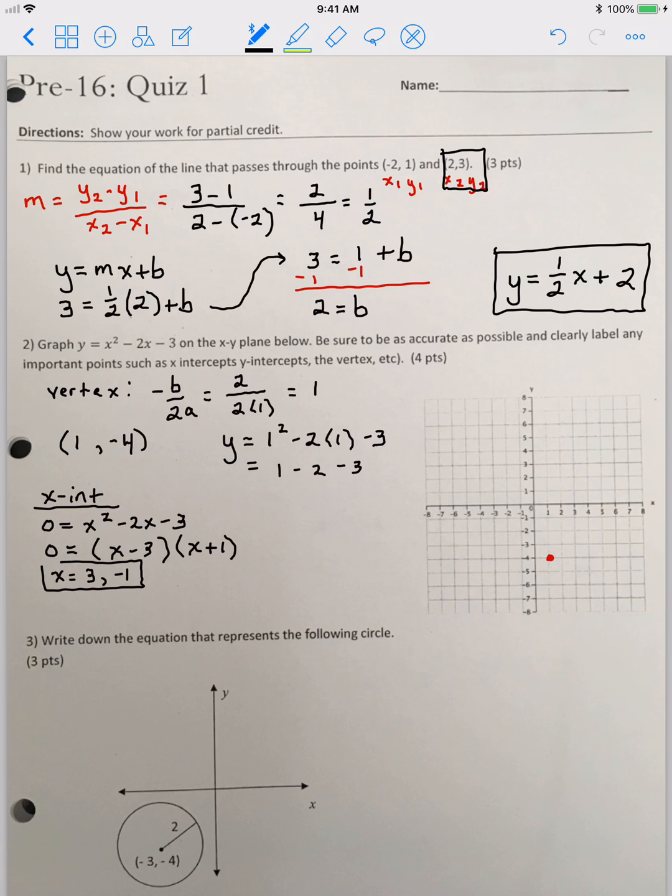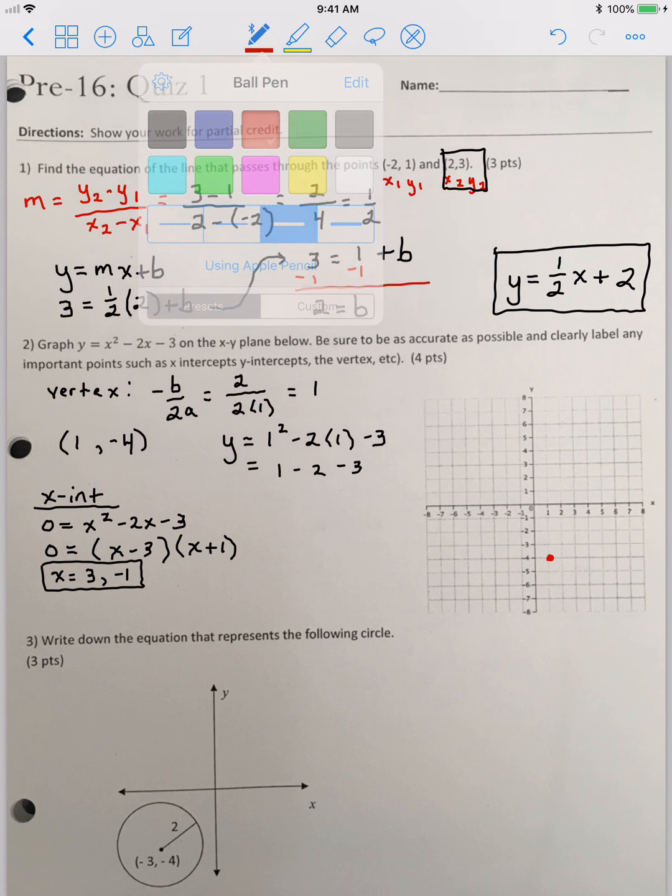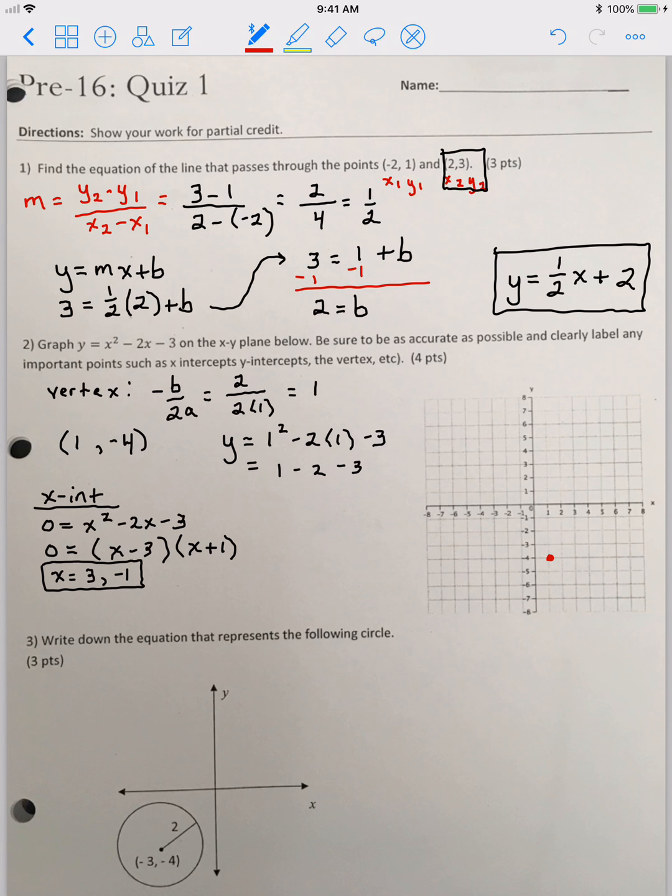So these go down on my x-axis. I can go ahead and put those down. +3 would be here on my x-axis, and -1 would be here on my x-axis. And then the y-intercept is what you get when you plug in 0 for x. So for the y-intercept, y should be equal to 0 squared minus 2 times 0 minus 3, which is going to give you y is equal to -3.